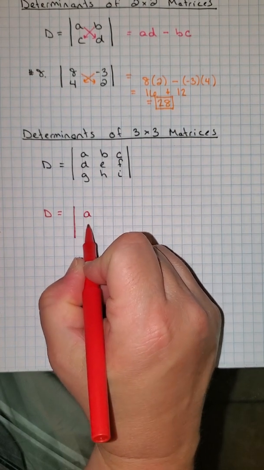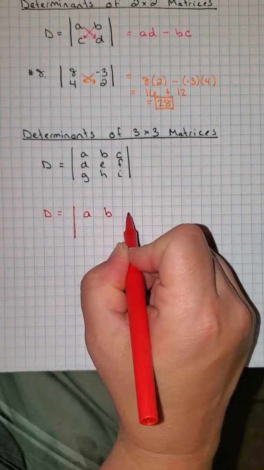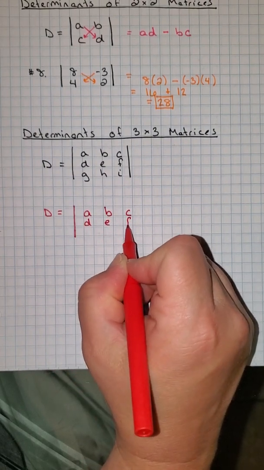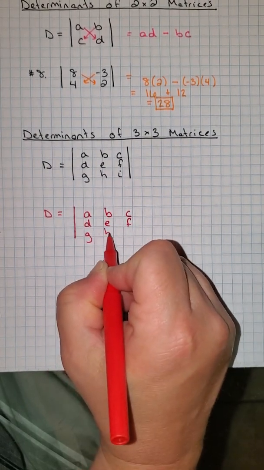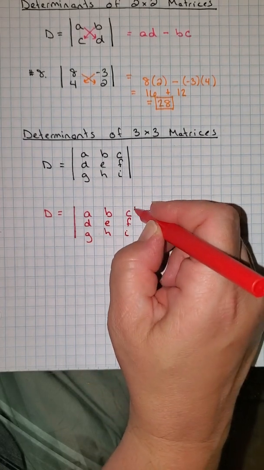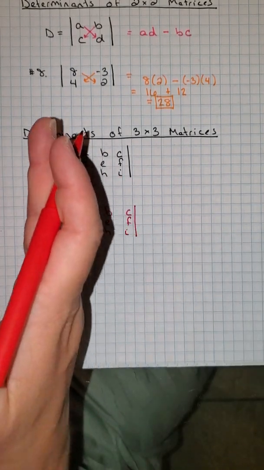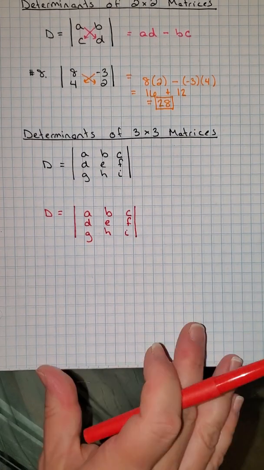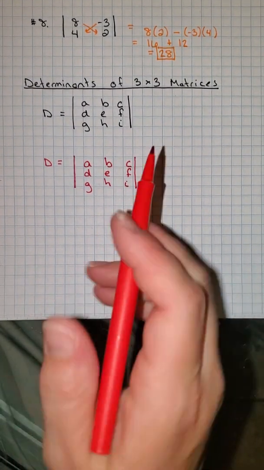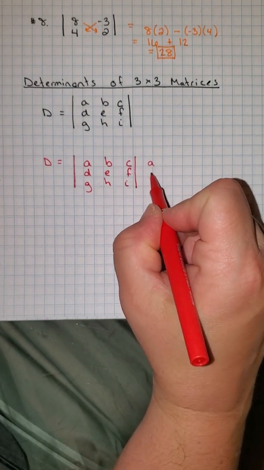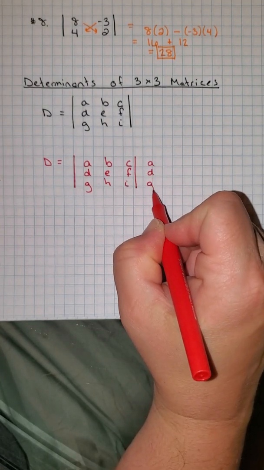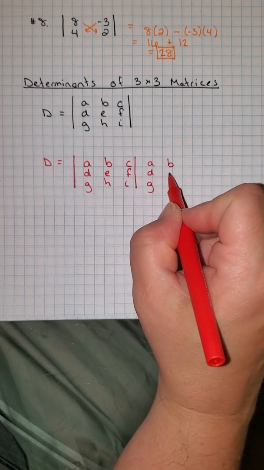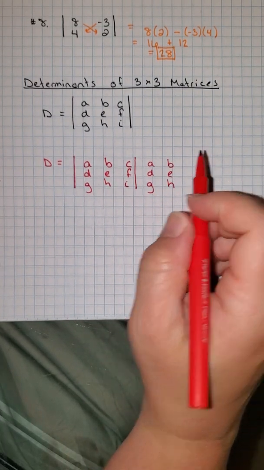So I'm going to write what we have: A, B, and C, D, E, and F, G, H, and I. And then I'll finish the determinant, and I'll write these 2 columns, this column and this column, on the outside of this determinant. So A, D, G is the first column. Second column is B, E, H.